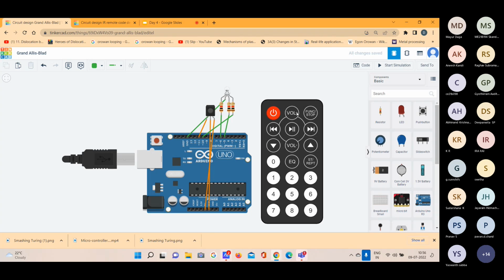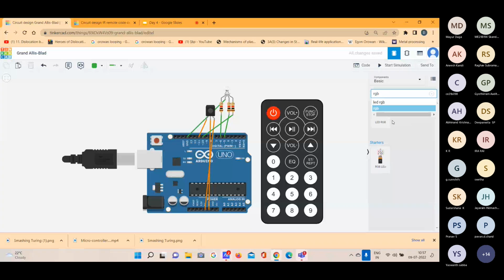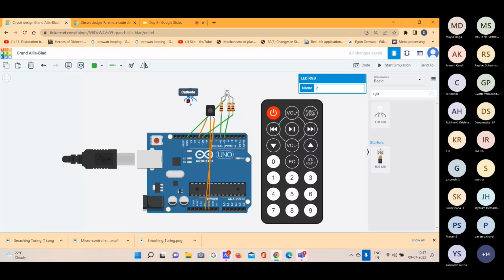So before moving on, what is an RGB LED? An RGB LED is just a combination of 3 LEDs which has three basic colors: R for red, B for blue, and G for green, and it has a common cathode.